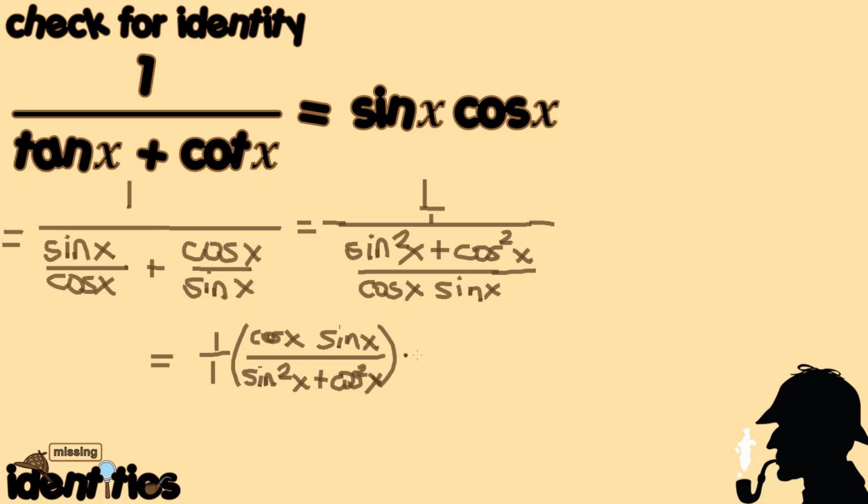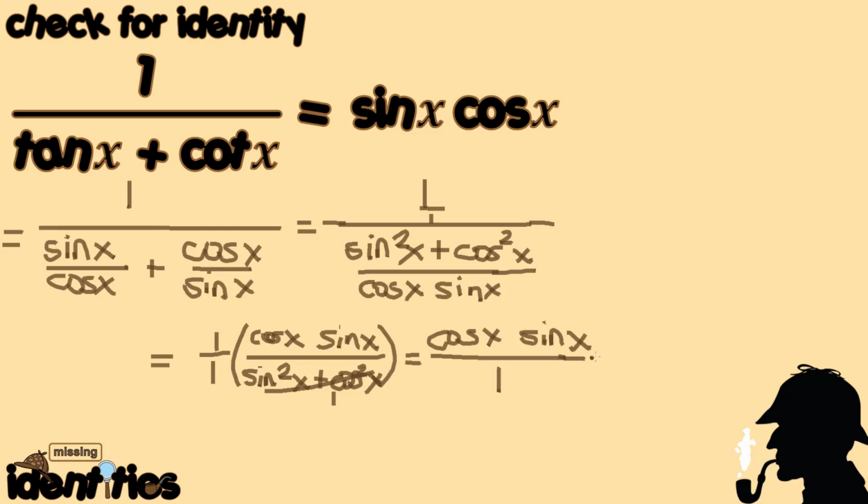And with this, we simply need to multiply numerator to numerator, denominator to denominator. Of course, 1 times this is that alone. Cosine x, sine x. But our denominator is 1 times this. And again, this is a Pythagorean identity equal to 1. So 1 times 1, we have 1 here as well.